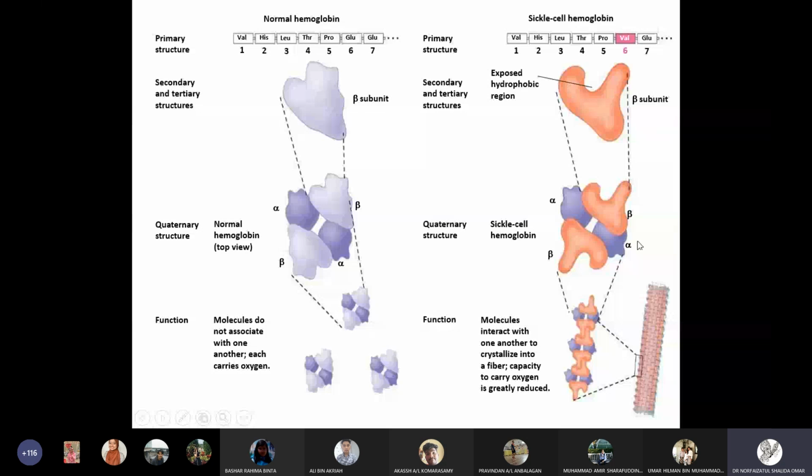But with the formation of the sickle cell, it will crystallize with one another and form a fiber, so it cannot carry the oxygen. Okay, so that's what happens in a sickle cell hemoglobin. This is an example of a change in protein structure. Any question on this? I hope that is clear.